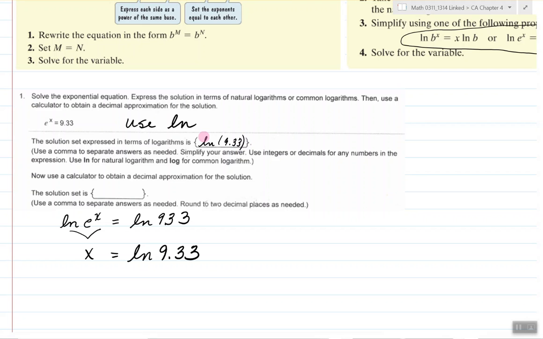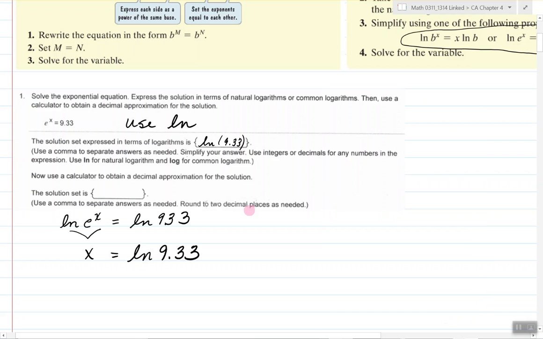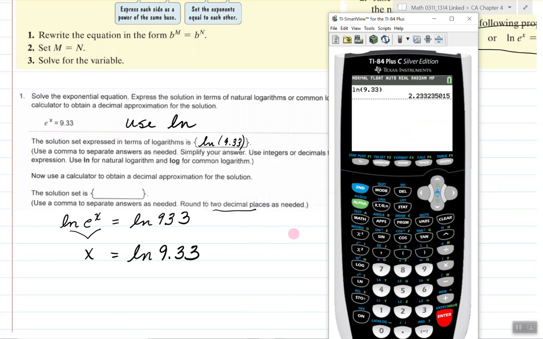The second thing is, now use a calculator to obtain a decimal approximation for the solution. So I'm going to go to my calculator. I'm going to go second quit. Now I'm on the home screen. I want the natural log of 9.33, close those parentheses. The instructions said 2 places, so let me get that again.